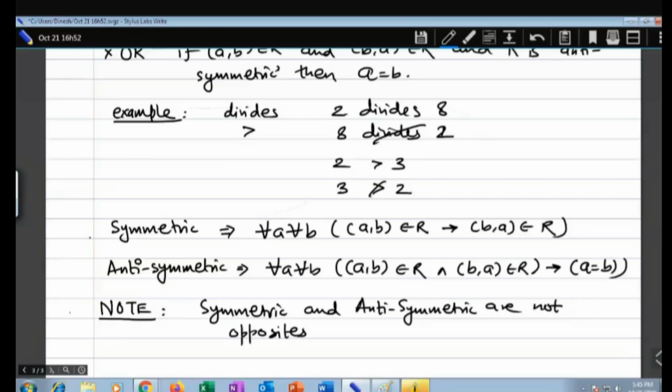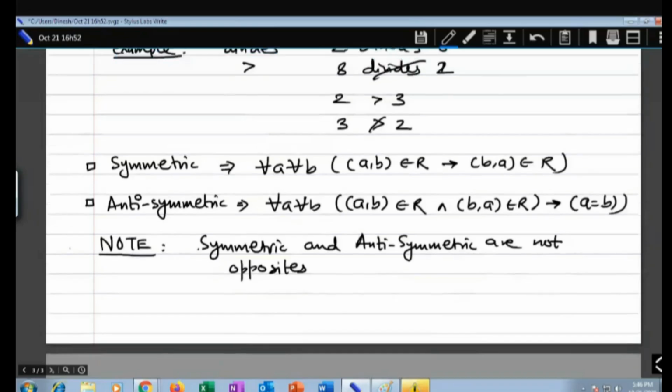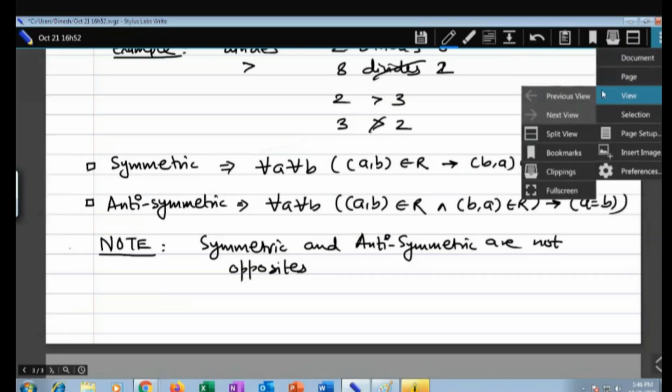No, they are totally different properties. A relation can have both properties or lack both of them. So you cannot say that it must be either symmetric or antisymmetric, and you cannot say it is neither. So let me add a page.